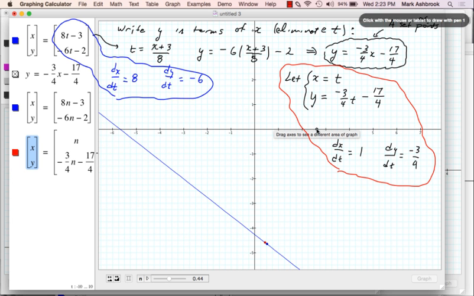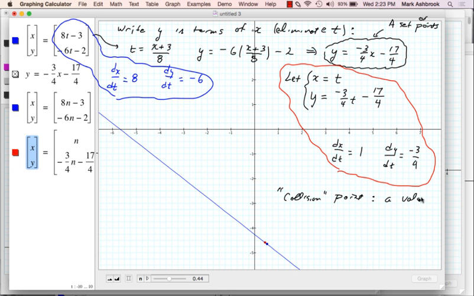That's a good point, so let's mention that. A collision point: a value of t that gives the same ordered pair in two functions.